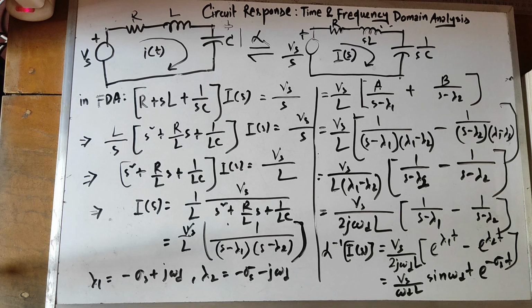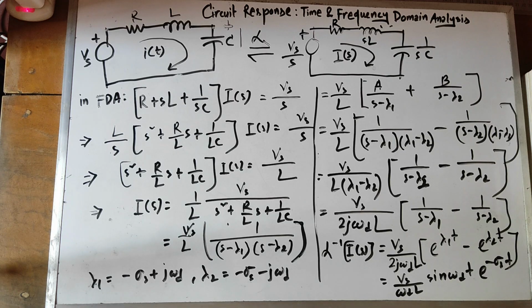This is the same as the derivation I had found in the time domain analysis. So this proves the validation of the circuit response. I have derived the current response in both time and frequency domain.